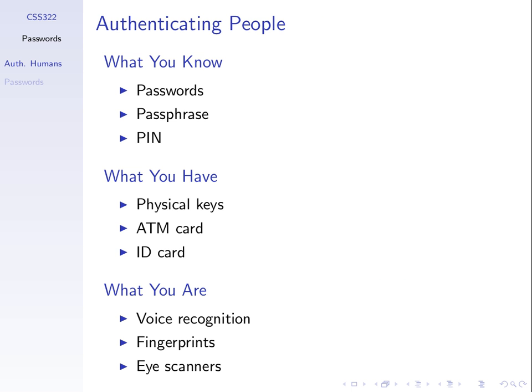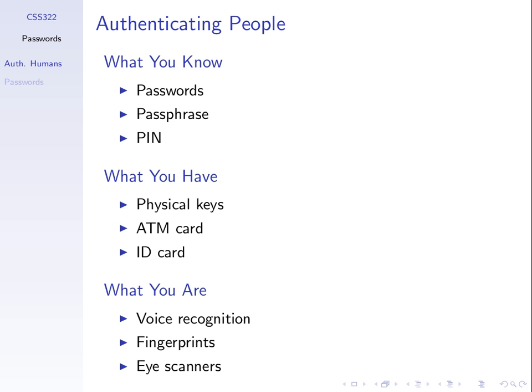What are the basic things that we can use to authenticate people? Well, what you know, what you have, or what you are. What you know is some knowledge that you have, like a password, a passphrase, or a personal identifier number, a PIN.